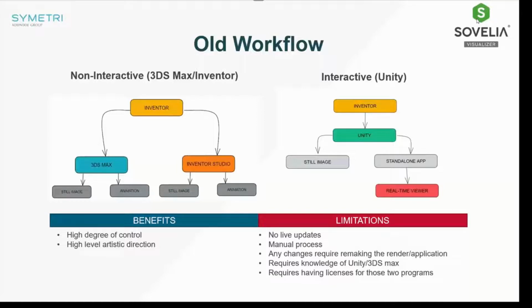For example, with Inventor, if we wanted to do a still image render or an animation, we would either use Inventor Studio, which is very limited in what it can do, or we'd have to export to 3ds Max and set up all of our scene, cameras, materials, and render settings. It was a very complicated process just to get a still image, so it wasn't interactive in any way, and it usually took a long time, as well as requiring knowledge and expertise in a whole other program.